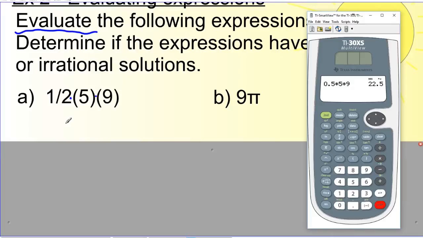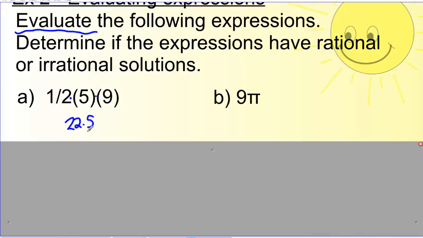And I got an answer of 22.5. So now, we evaluated. Check. Is this rational or irrational? Well, I would say that's a nice pretty decimal. It stops. 22.5. Done. That means this is rational.